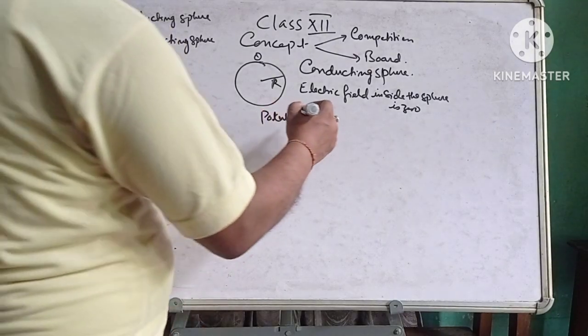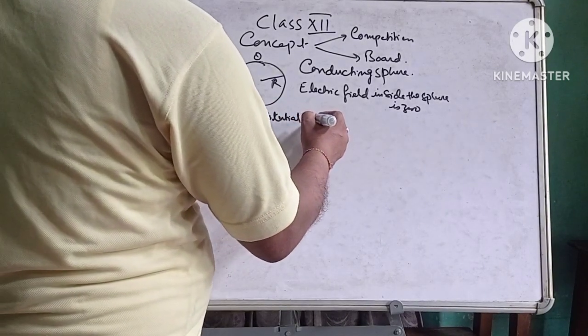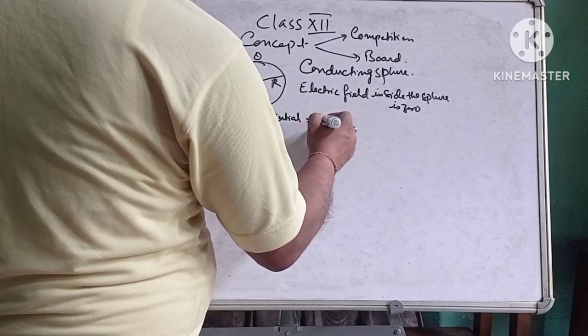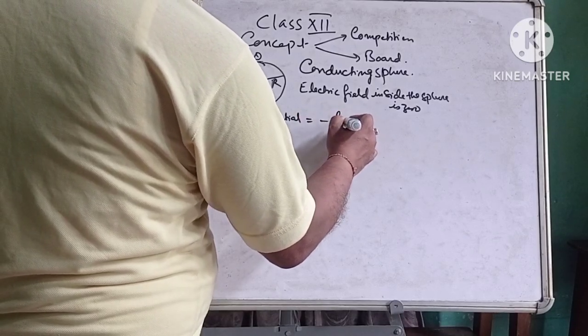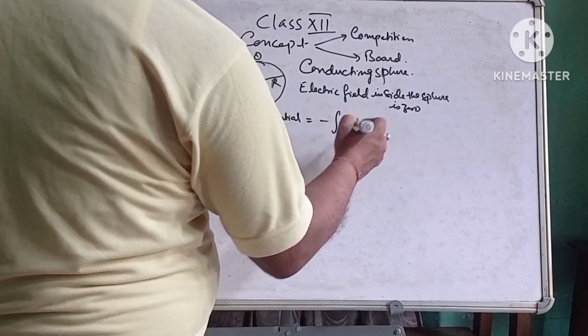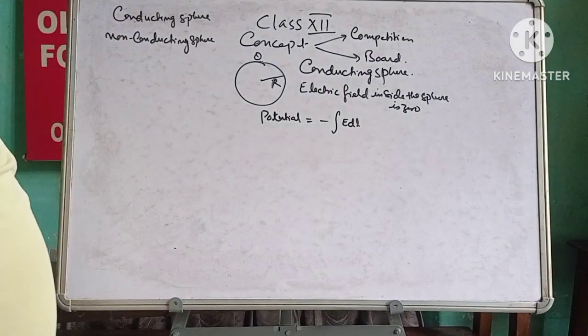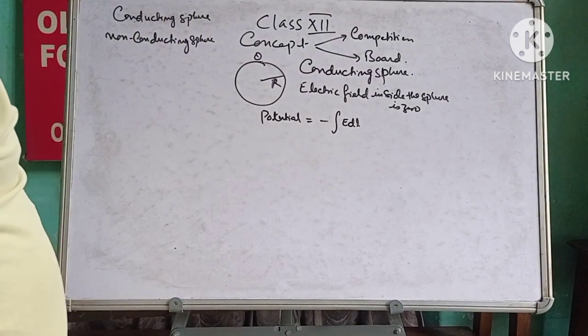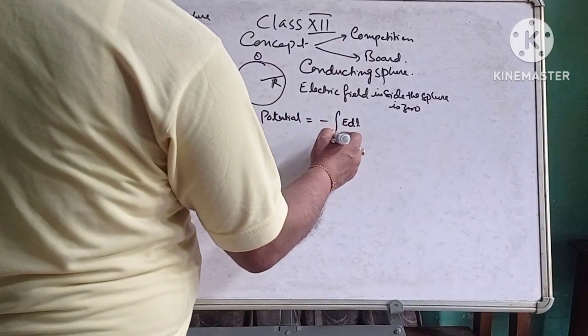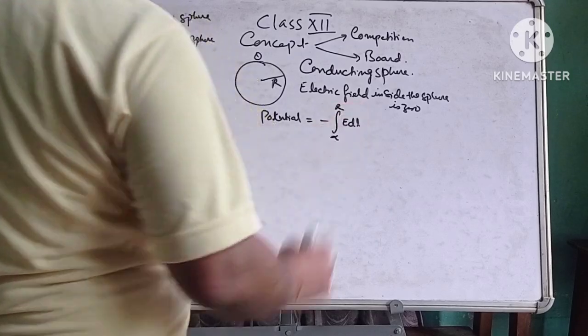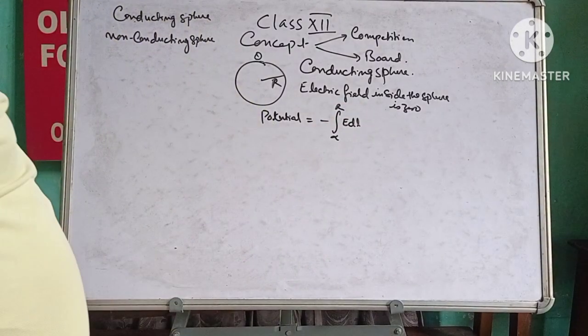It is the negative integral of E dl, say from infinity to r, we bring it from infinity. Negative integral.